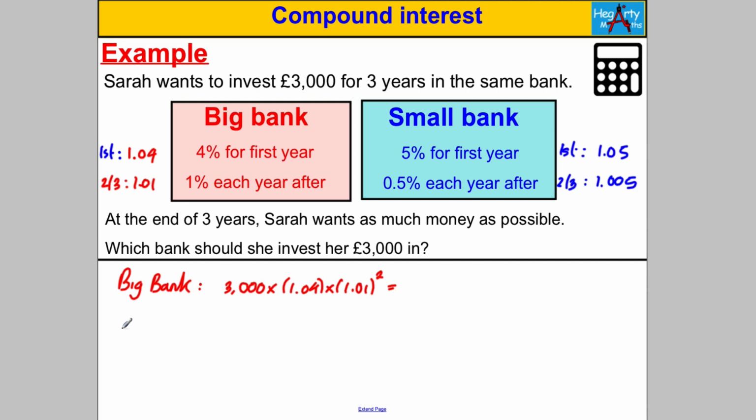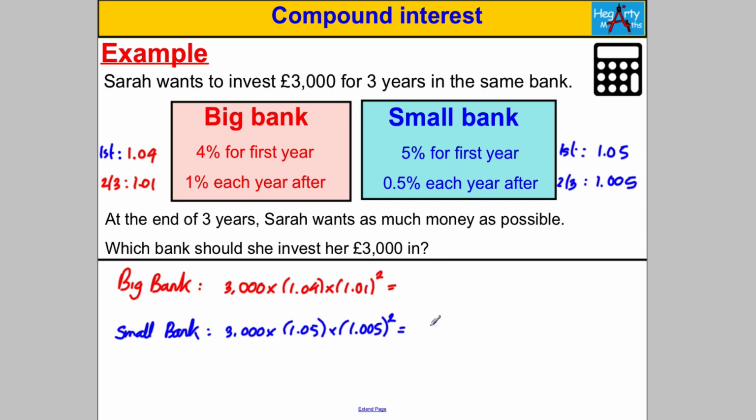Now the calculation for the small bank, what's that going to be? Well, it's going to be £3,000 multiplied by 1.05 for the first year, and then multiplied by 1.005 squared for the other 2 years.